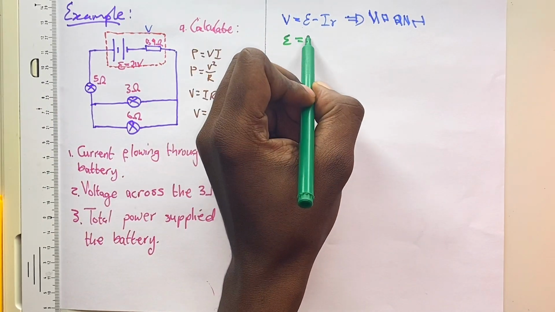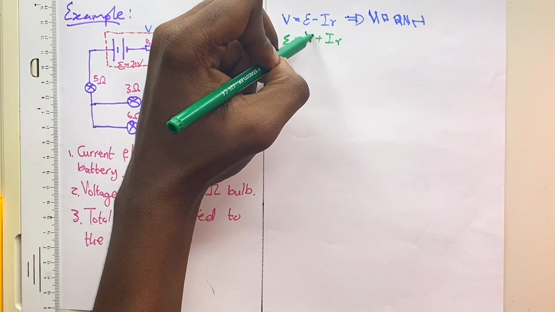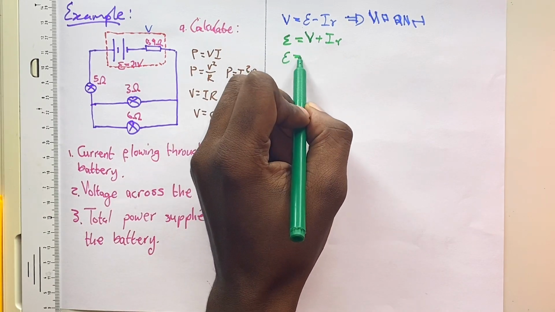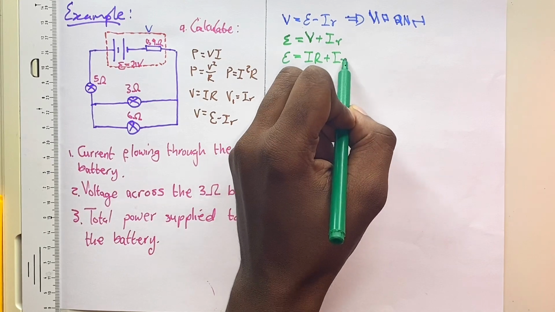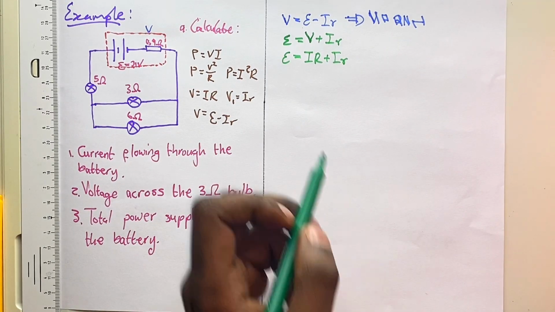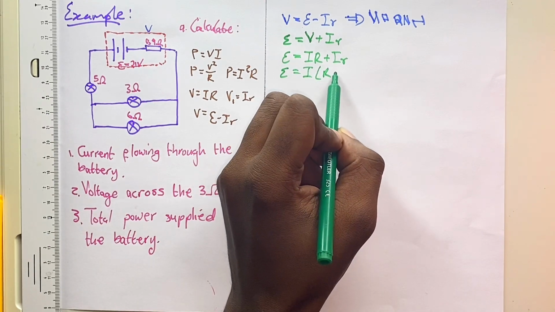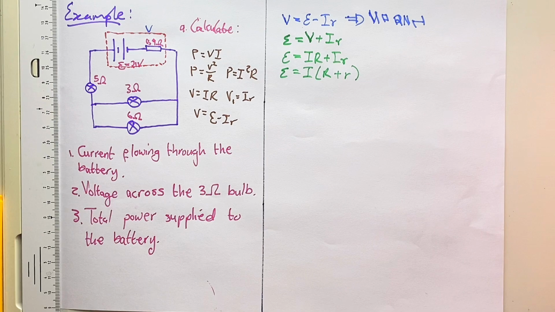EMF is equal to V plus Ir. Now, remember that our voltage, we can get it by using Ohm's law. So this V can be IR plus I internal resistance. Take out the current as a common factor. We have external resistance plus our internal resistance.